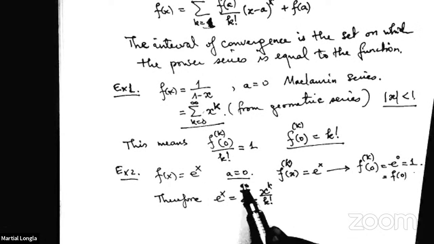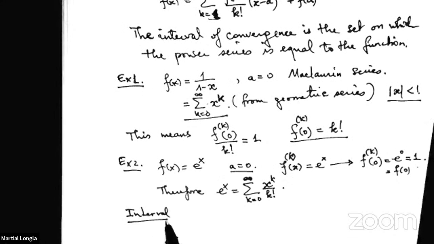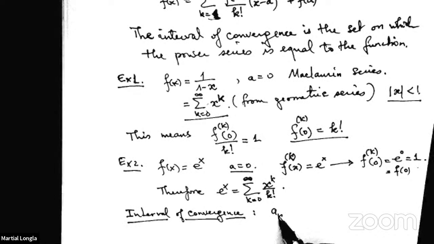Now we know that e to the x can be written as this, and now we need to find the interval of convergence. For the interval of convergence, we have here ak is 1 over k factorial. ak plus 1 is 1 over k plus 1 factorial.